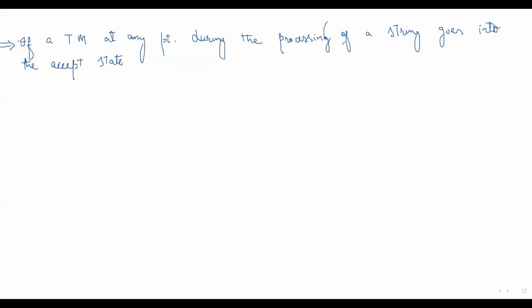At any point during the processing, if the Turing machine goes into the accept state, we will say the Turing machine has halted. Halted means it has stopped and accepted the string, accepted the input.